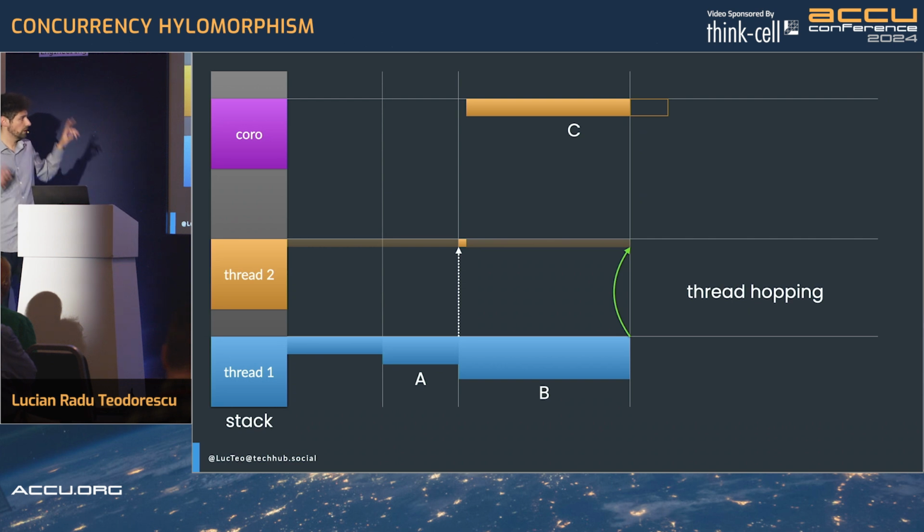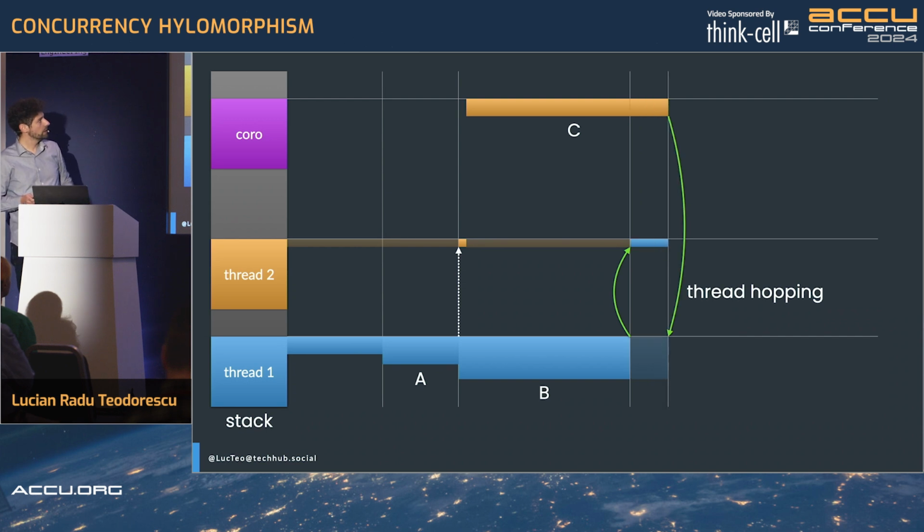Here we do the thread hopping thing, and we say, thread 1, the only reasonable thing for you to execute is what's next on thread 2. And then after we finish C, we do thread hopping again and say the only reasonable thing for you to execute is what's on thread 1, right? And then basically we switch the threads around.